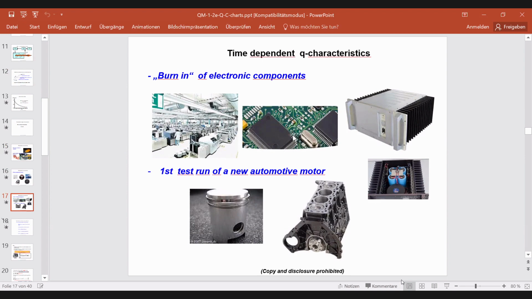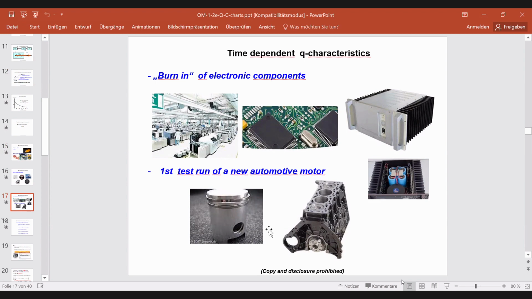So only after this burn-in can you take measurements on the printed circuit boards here, or on the electronic components. Burn-in is used in many electronic applications.